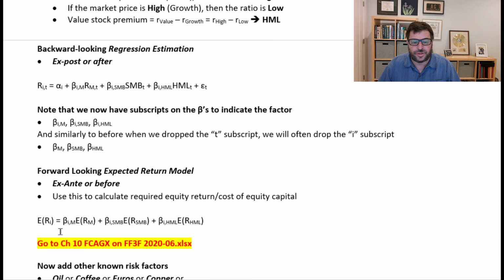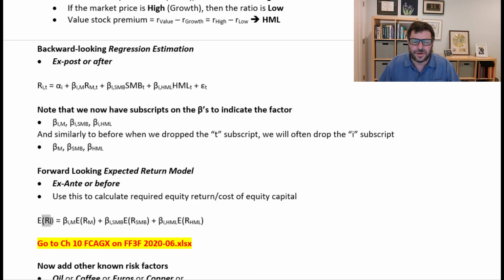And here is what the forward-looking model looks like. Once I have calculated each of my betas, I can now relate these to an expectation of all three of these: an expected return of the market, an expected return for small stocks, and an expected return for value stocks. Given these betas, I can now calculate an expected return for a stock as a function not just of its relationship with the market, but whether or not it's a small stock or whether or not it's a value stock.